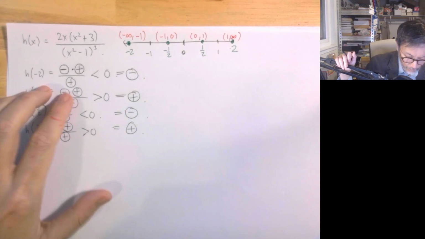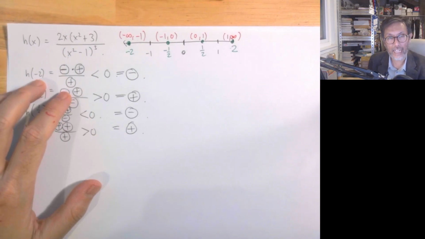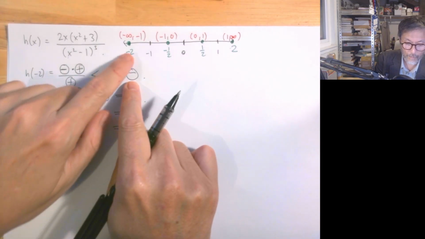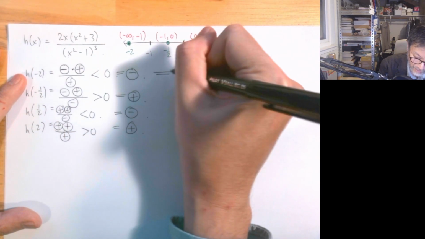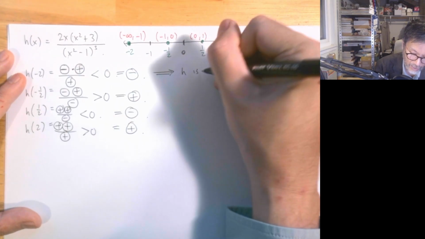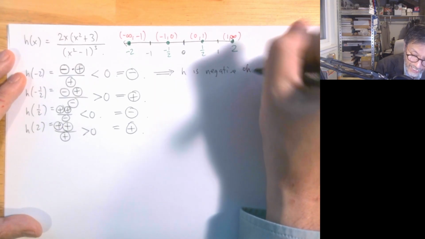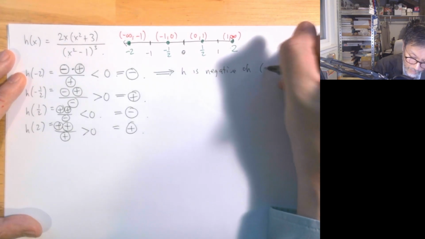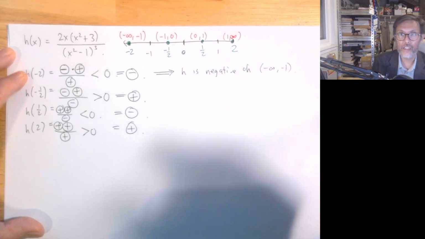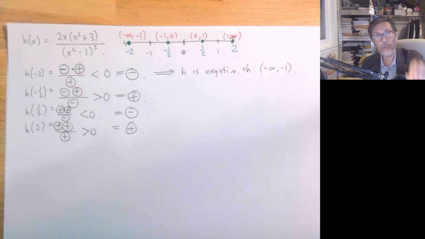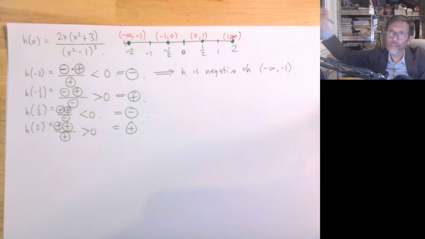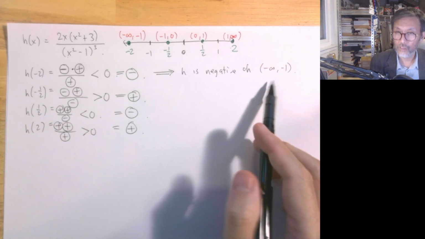So for example, the fact that h at negative 2 is negative means that h is negative on the entire subinterval from negative infinity to -1. In other words, by evaluating the sign of h at one point, we get to deduce the sign of h on an entire subinterval. This subinterval.